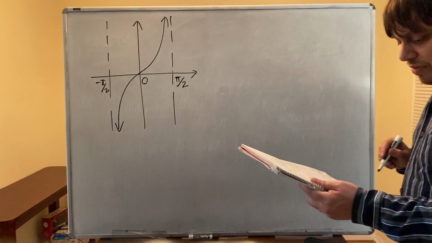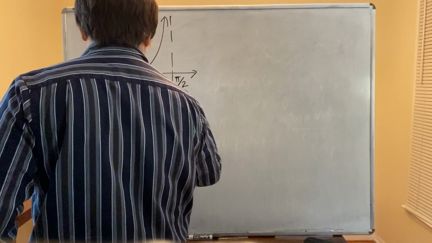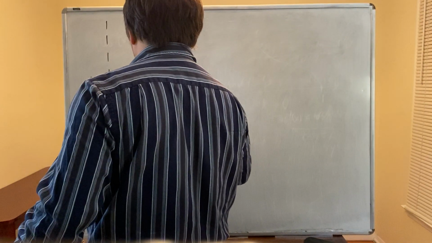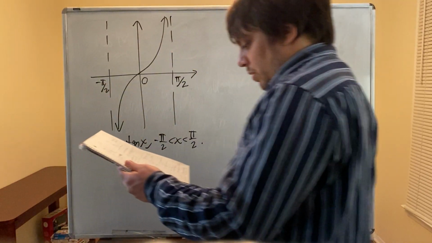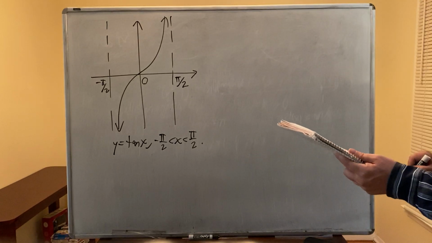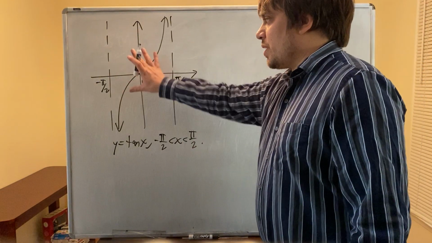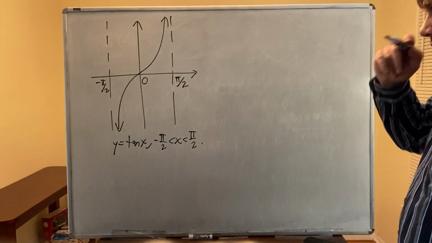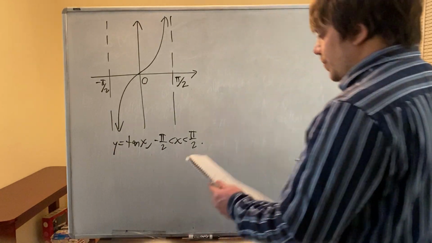Okay, so this is the graph of y equals tan x, from negative pi over 2 less than x less than pi over 2. Okay, so I've restricted the domain of tan x to only that part of it, so it's a one-to-one function. Right? Okay, so it's a one-to-one function that passes the horizontal line test.